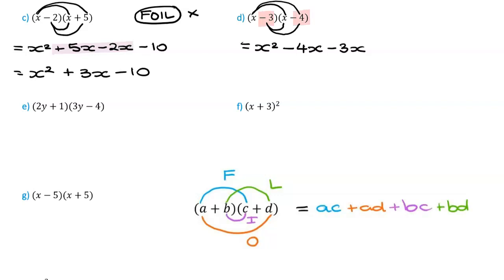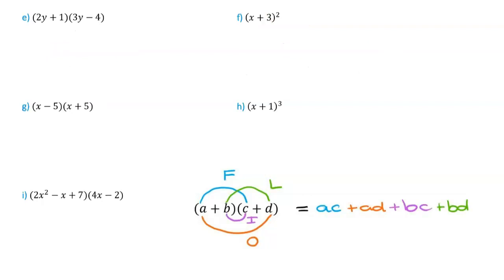Sometimes it's helpful to highlight them. Negative 3 times negative 4 will become a plus 12. Really common error there to accidentally forget our negative times a negative is a positive. Now let's clean this up by simplifying. X squared minus 7x, because we had this lovely minus 4x minus 3x, plus 12.